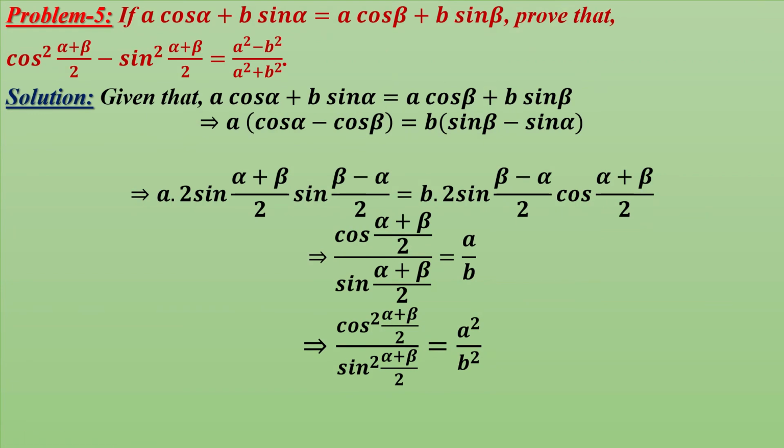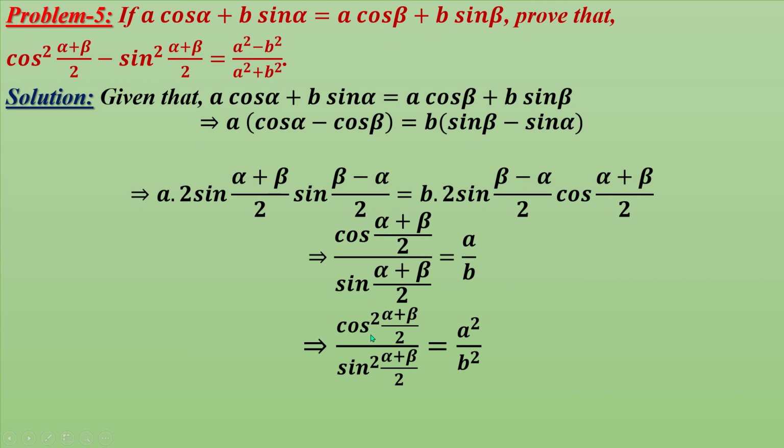Now by componendo and dividendo. Componendo and dividendo means we have to add this and this. That means here will be cos square (alpha plus beta) by 2 plus sin square (alpha plus beta) by 2, and here a square plus b square.